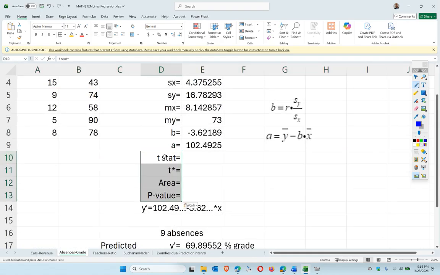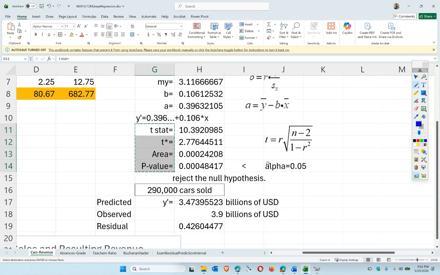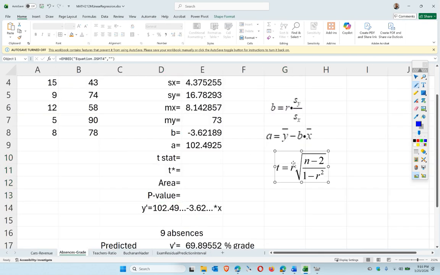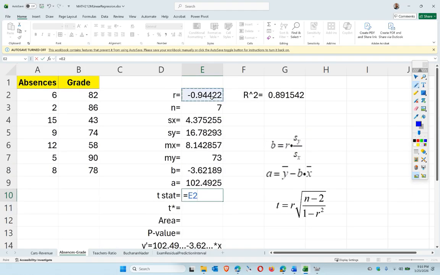Paste, and then we'll copy the formula in case you don't remember it. Okay. All right, so we're going to do the r value times the square root of the n minus 2 divided by 1 minus r squared, close paren, all right?